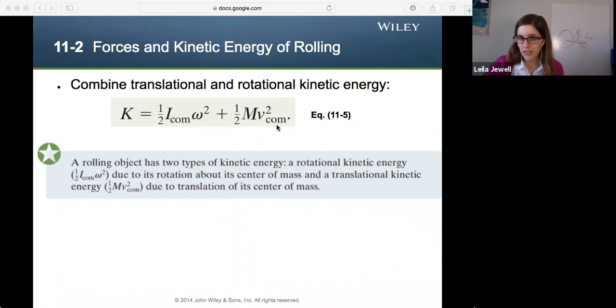The only slight difference here is because we're focused on rolling, we're going to consider its rotation about the center of mass. So the I is the I about the center of mass, or I_COM. And the speed, the translational speed v, is just going to be v_COM, the speed due to the translation of the center of mass. So this just says if an object's rolling, it has to be that same combination that we saw in the previous section of translation plus rotation.